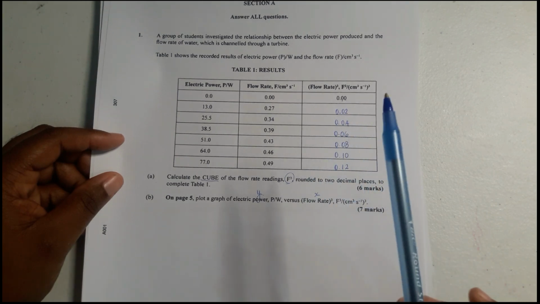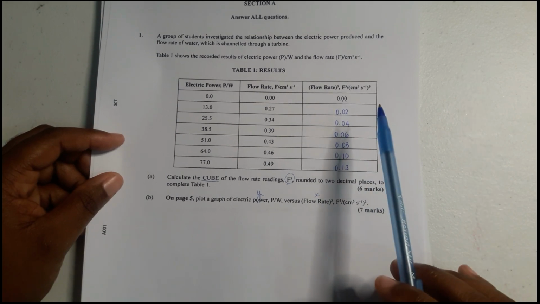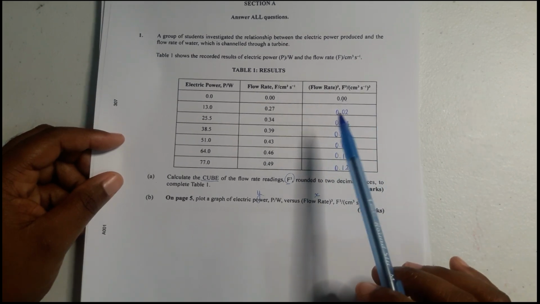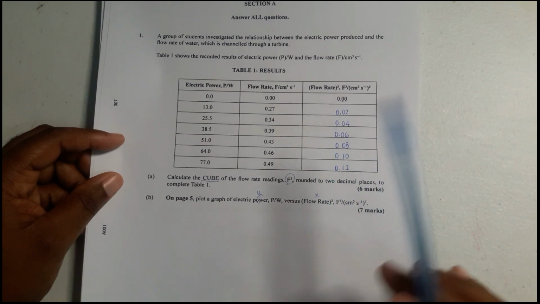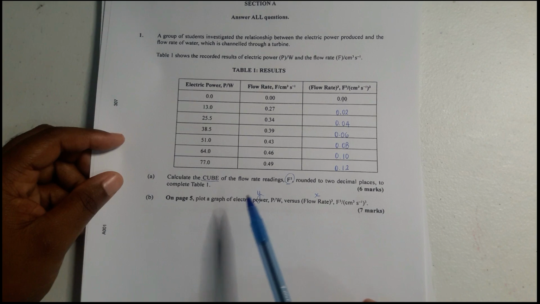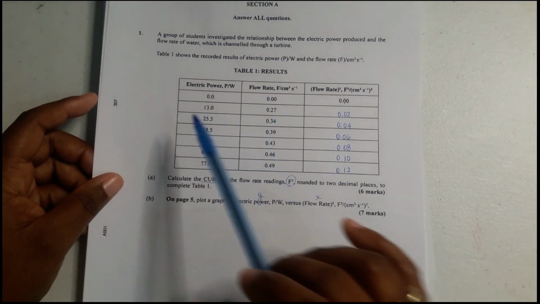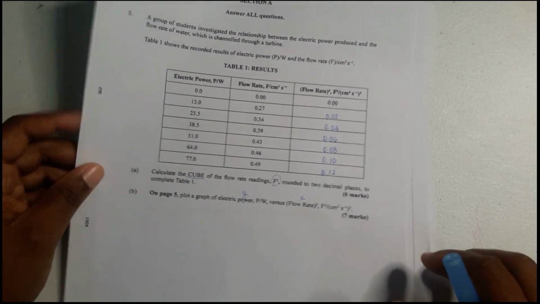If you still don't know how to do your decimal places, please go on YouTube and look it up. There are a lot of videos teaching you decimal places as opposed to sig figs. Okay, then they say go on page 5 to plot the graph, and you had to use column 1 and column 3 to plot your graph, right, which is what we just showed you a while ago.